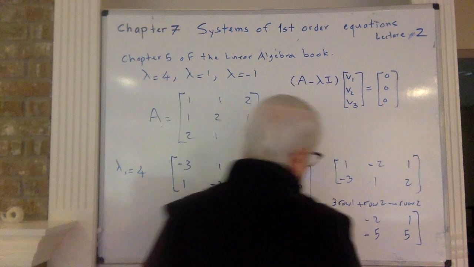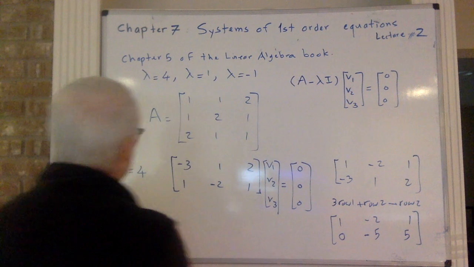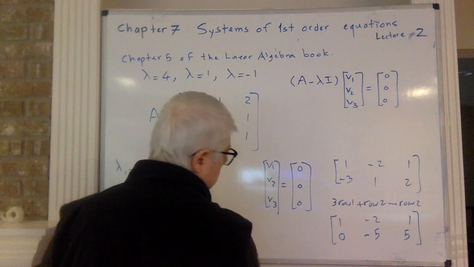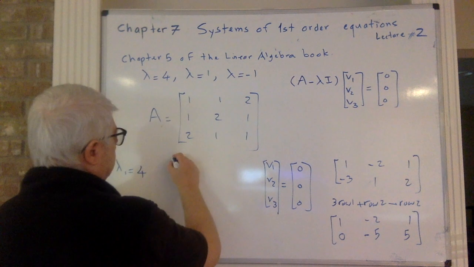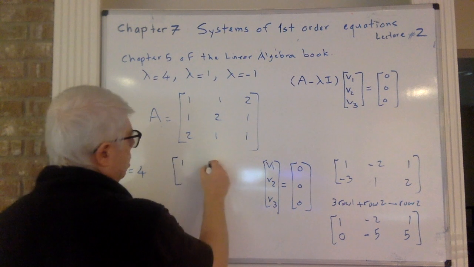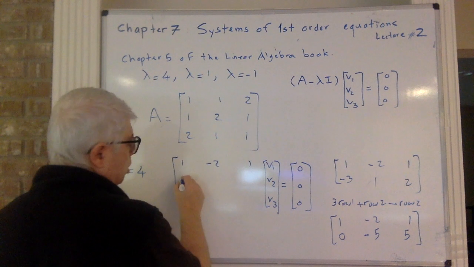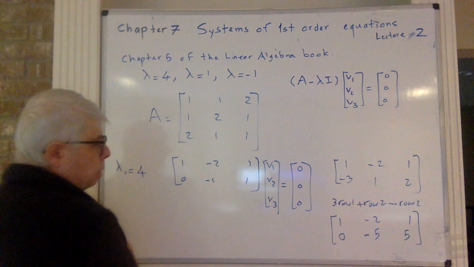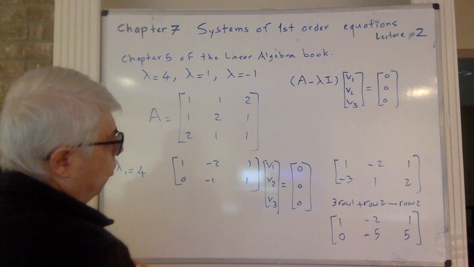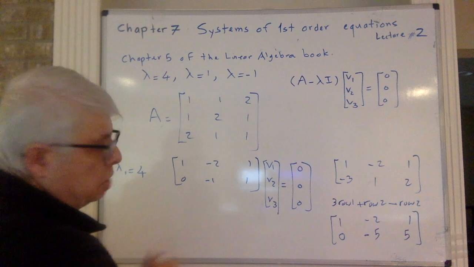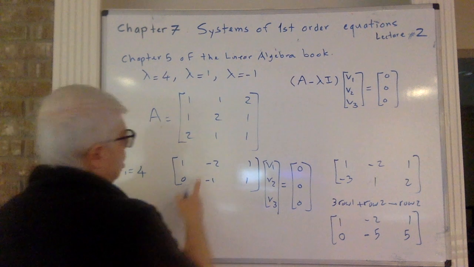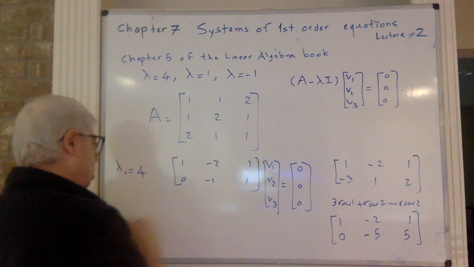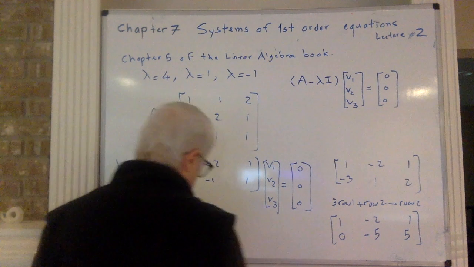Let me write down the matrix again. So I divide this by 5, and I have 1, negative 2, 1, 0, minus 1, 1. Right? Doesn't make a difference if I do that because the other side is 0. Now this one, how can I get rid of this? Well, I can write 2 here, it's easier.